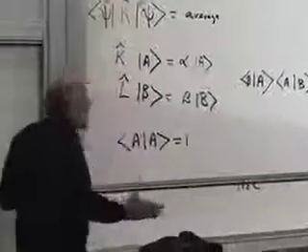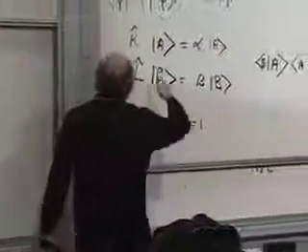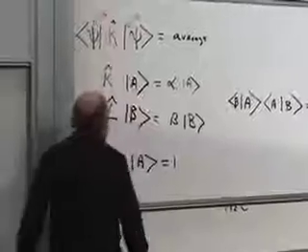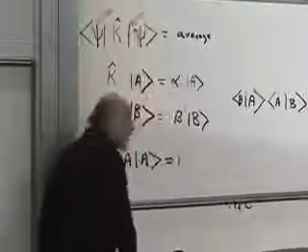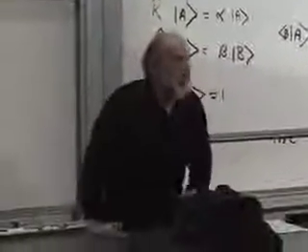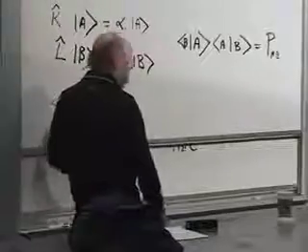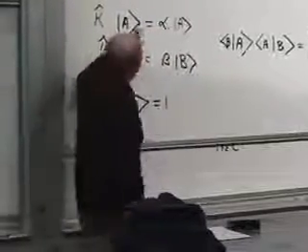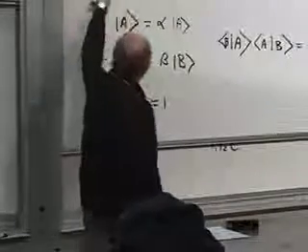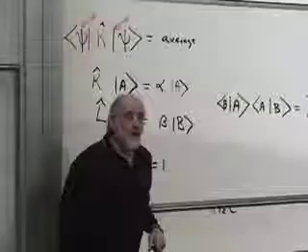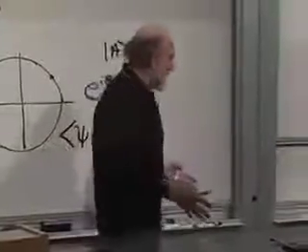Now remembering that e to the i theta is just a number, not an interesting operator of any kind, e to the i theta times e to the minus i theta is just 1, and this would just cancel out of the expression. So there would be no change in the expectation value of any operator if we replaced the vector which happens to describe the system by that vector multiplied by a phase. So in that sense, the phase is irrelevant.